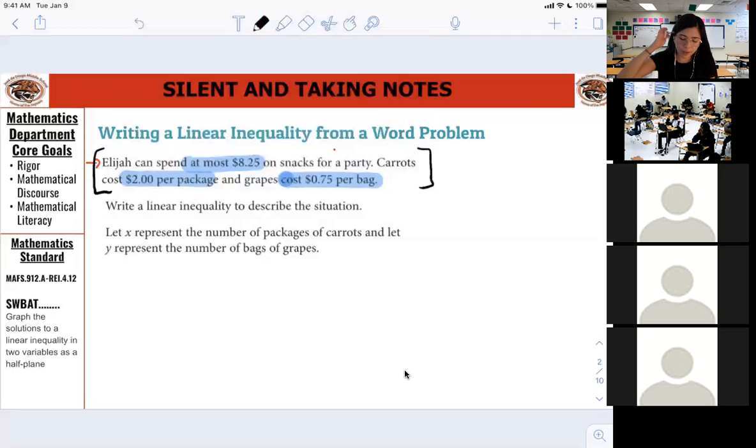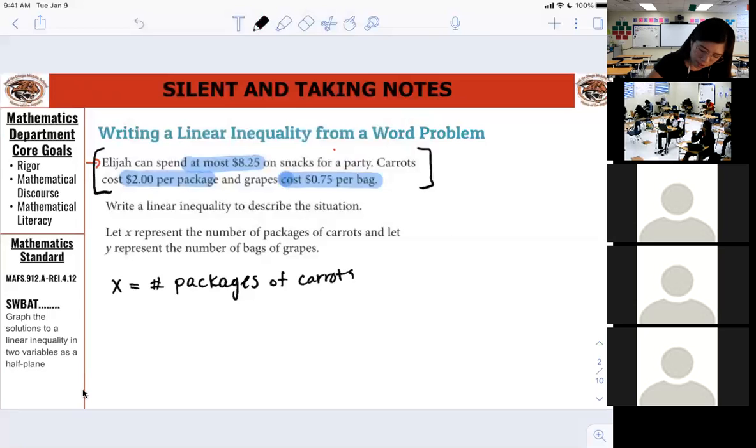All right. So now I'm going to write what I know. I know that X represents the number of packages of carrots, and Y represents the number of bags of grapes.